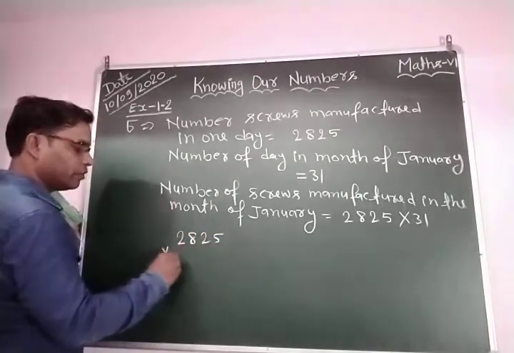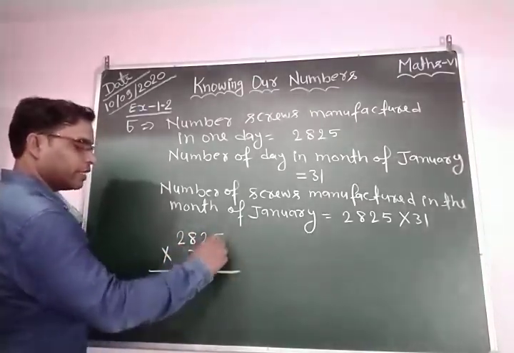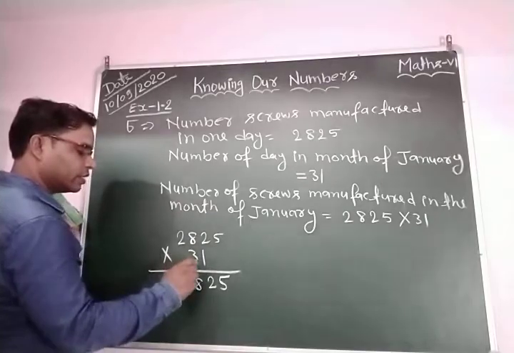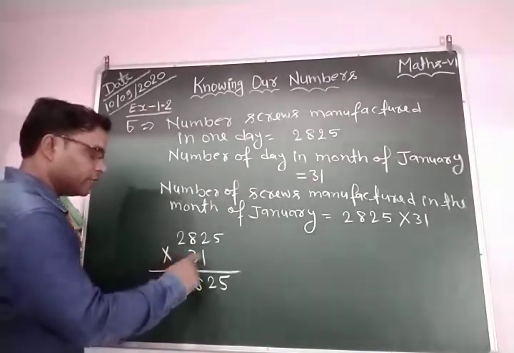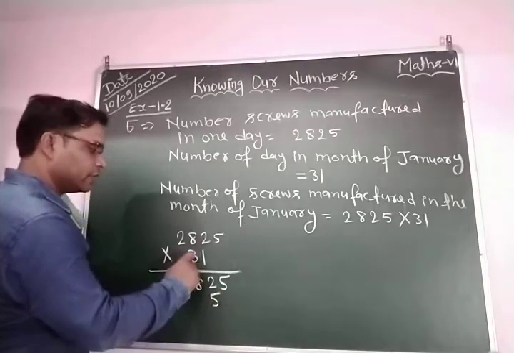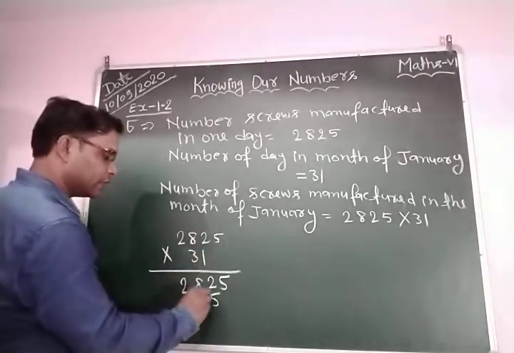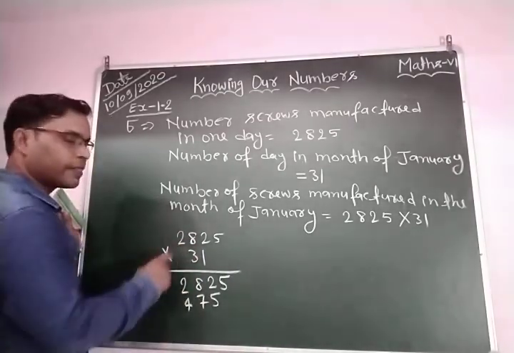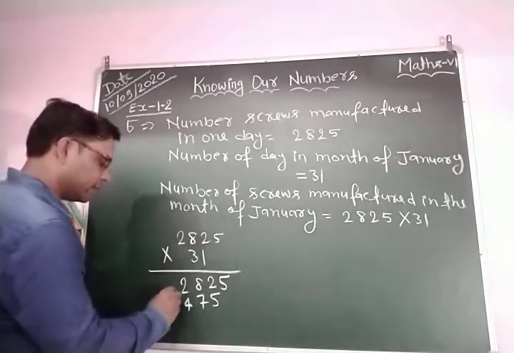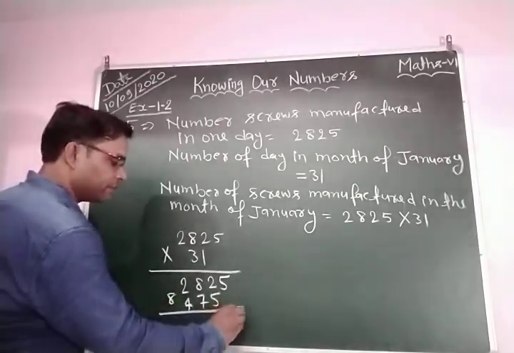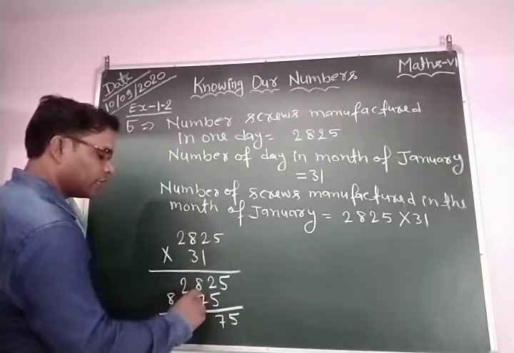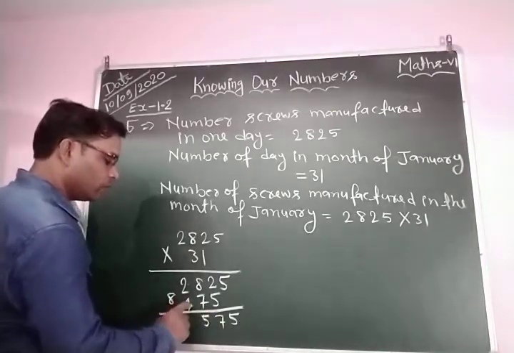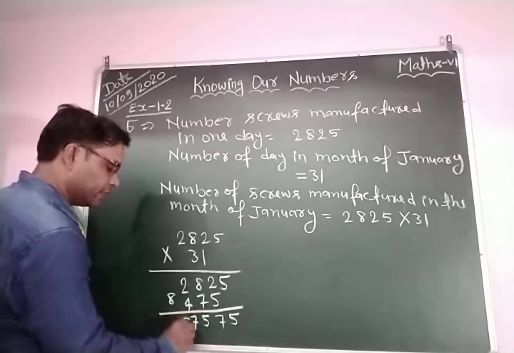2825 into 31. So 1 5s are 5, 1 2s are 2, 1 8s are 8, 1 2s again 2. Now again 3 5s are 15, carry 1, 3 2s are 6, 6 plus 1 is 7, 3 8s are 24, carry 2, and 3 2s are 6 plus 2 is 8, and so on, and this becomes 8, plus 5 is 7, 15, carry 1, 2 plus 4 is 6, 1 is 7, and this is it.